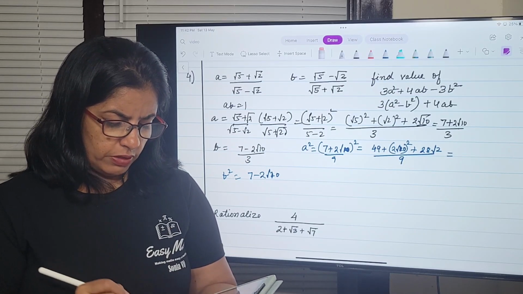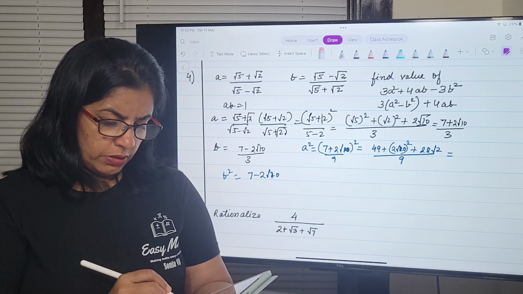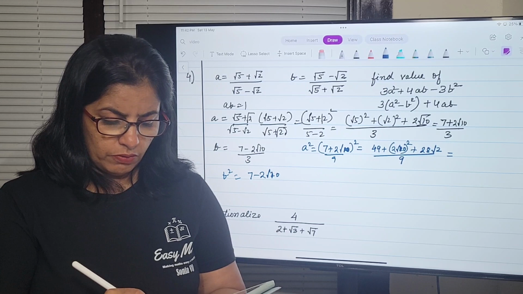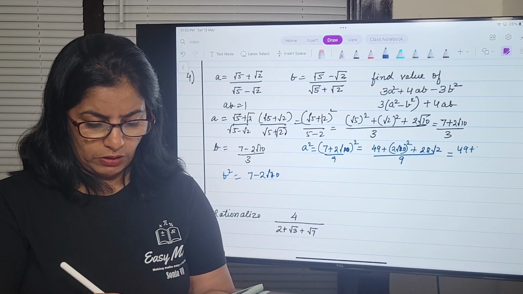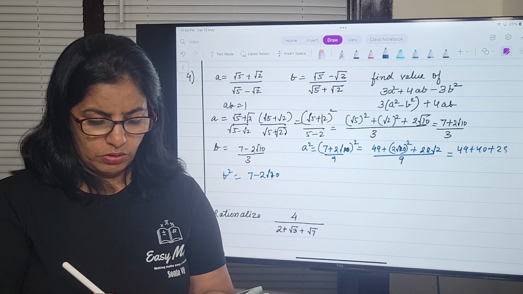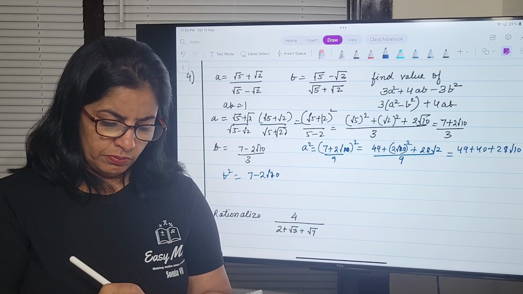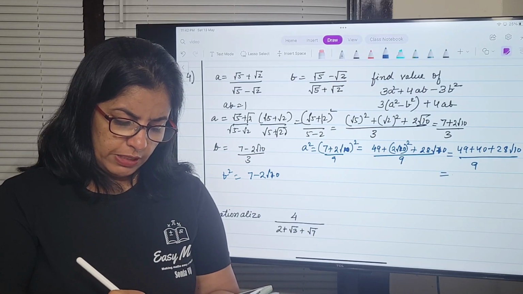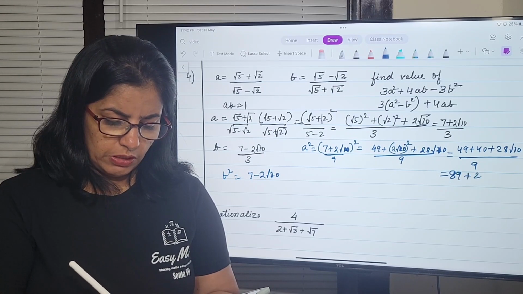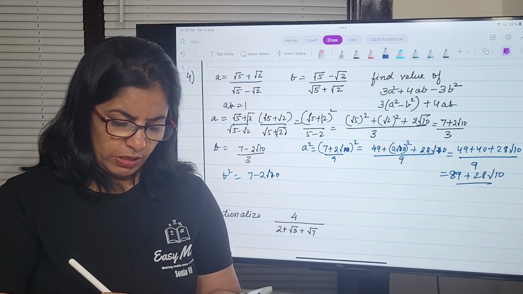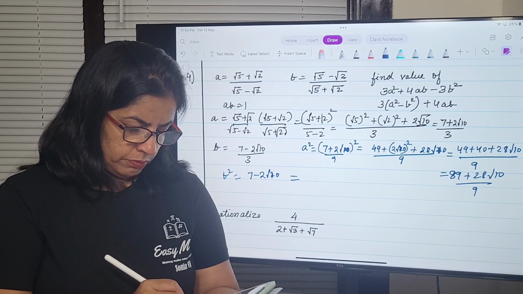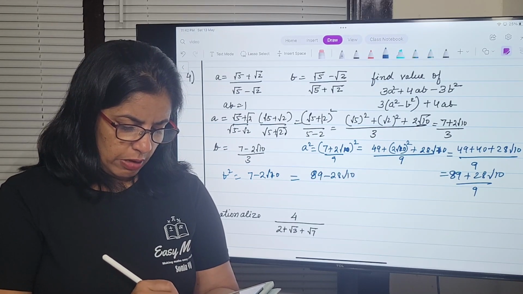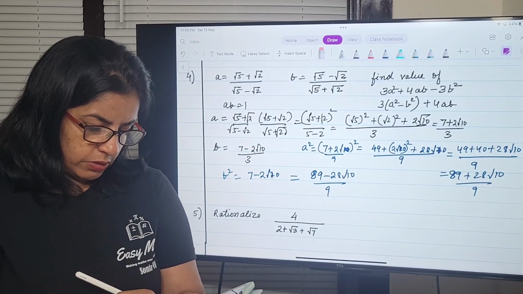There is a change in the value here. So 49 plus 40 plus 28 root 10. Sorry, I took it wrong. So this becomes 89 plus 28 root 10 upon 9, and B square will be 89 minus 28 root 10 upon 9.